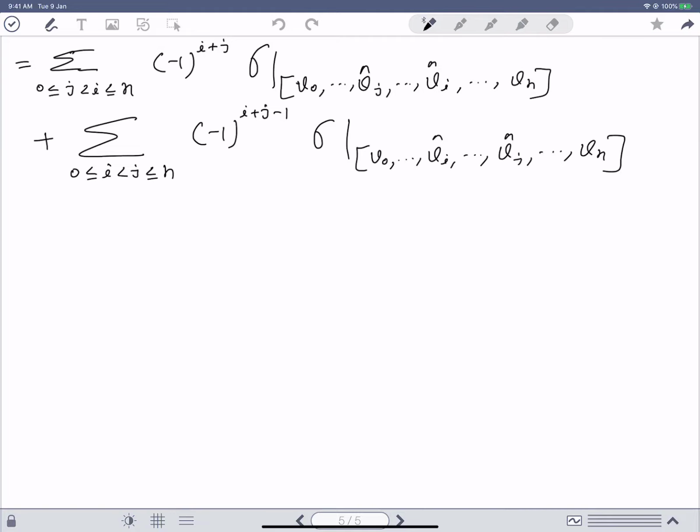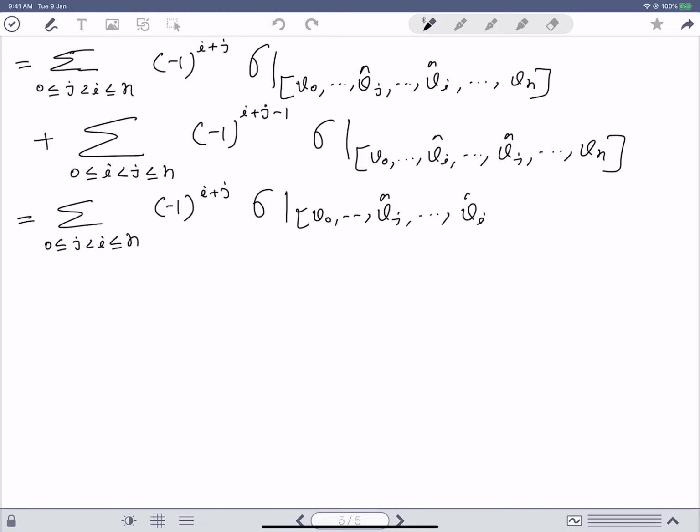Now interchanging the indices i and j in the second term, we get, so we can write the first term 0 less than or equal to j strictly less than i less than or equal to n, so minus 1 to the power i plus j, and sigma restricted over v0, vj cap, vi cap, vn.